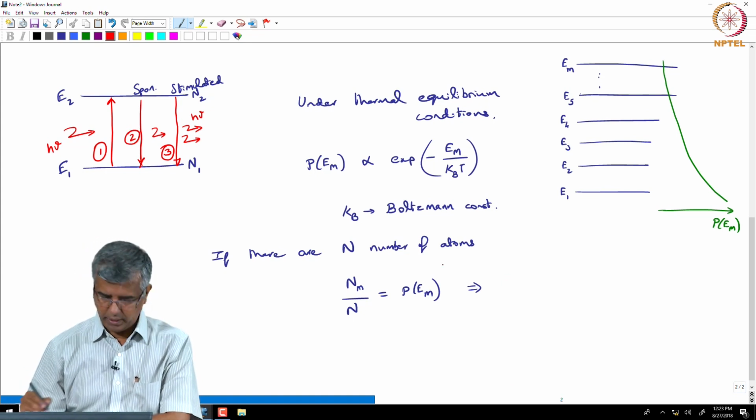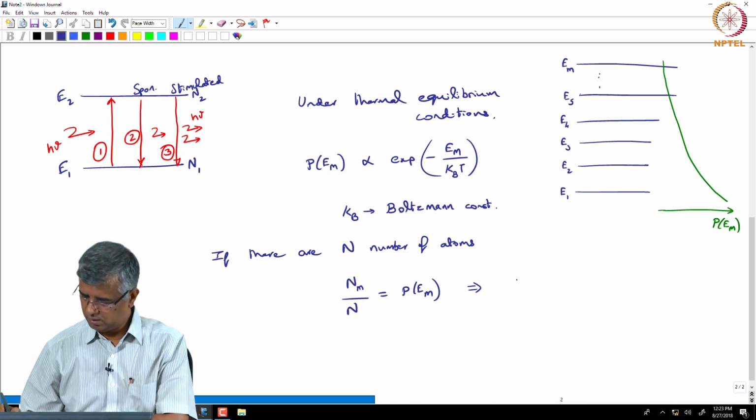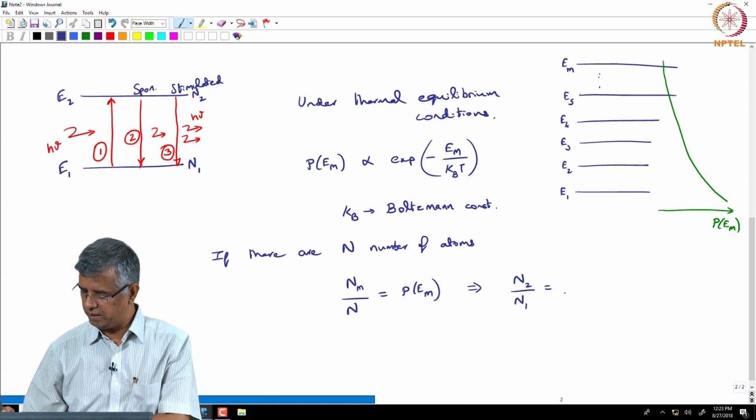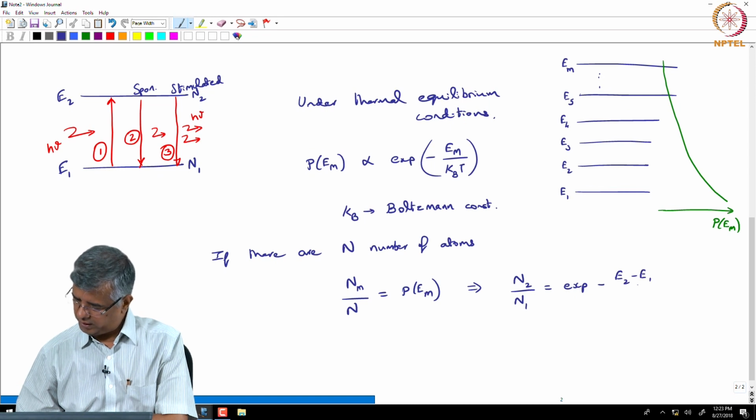In this case, you can write N2 over N1 is going to be equal to exponential of minus E2 minus E1 divided by kBT.